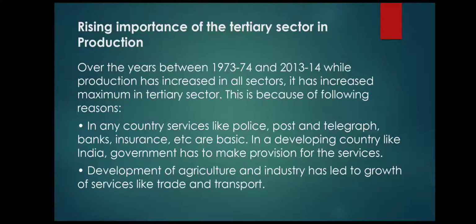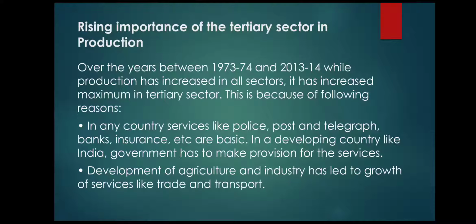So we already know that the Green Revolution was introduced in the late 60s. As a result, agricultural output increased, which led to increased demand for trade, that is buying and selling of this agricultural output, and transportation.